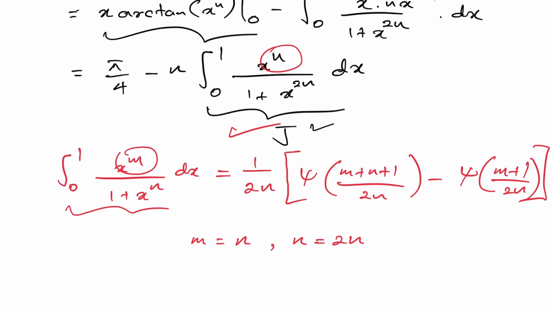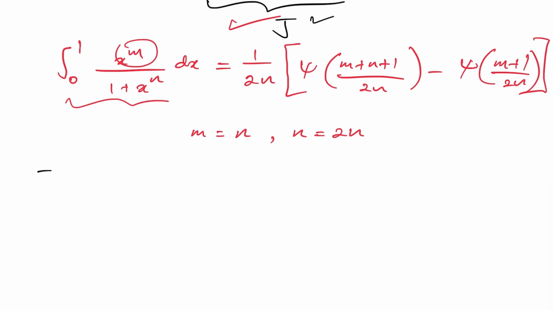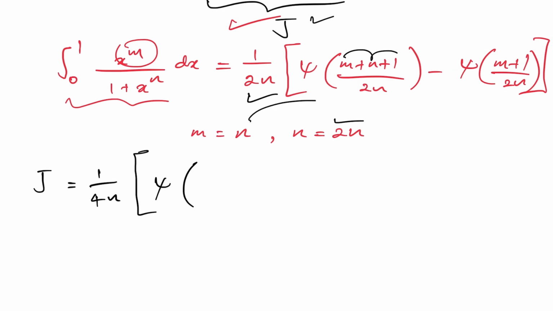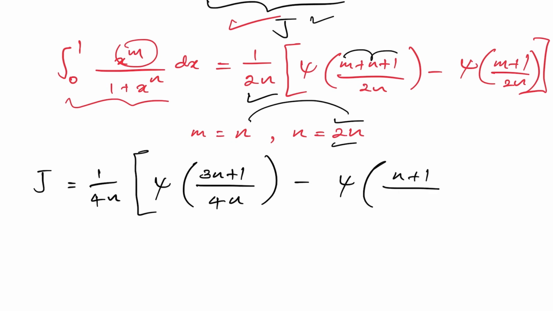So we can write J is equal to 1 over 2 times 2n, so 1 over 4n, times the digamma of (m plus n plus 1), so n plus 2n plus 1, so we have (3n plus 1) over 2 times 2n, so 4n, minus the digamma of (n plus 1) over 4n. This is J.